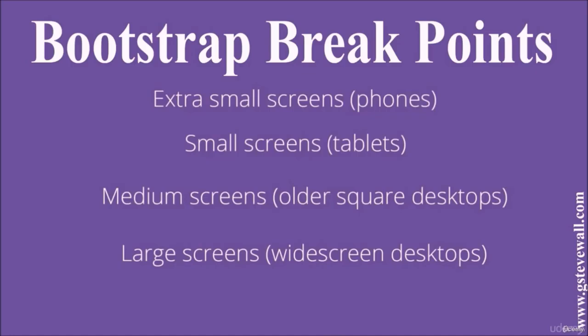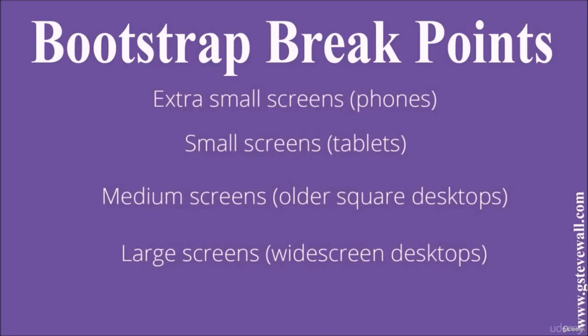And the next screen we have is small screens. Anything between 768 pixels and 992 pixels, which is an iPad portrait screen or another big tablet, is considered as small screens.